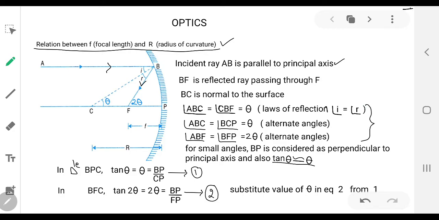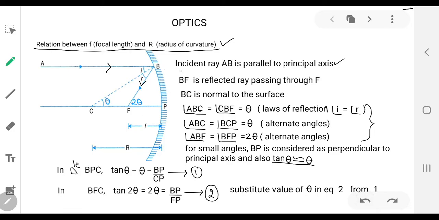Now this line BP, for small angles or the paraxial rays very close to the principal axis. For the explanation purpose we have taken this enlarged diagram, but if the paraxial ray AB is very close to the principal axis, then BP is taken as perpendicular to CP.